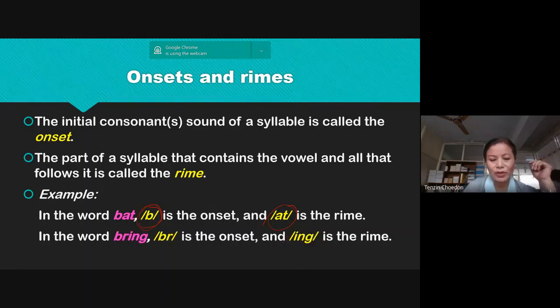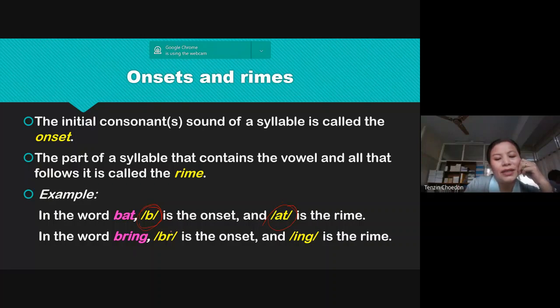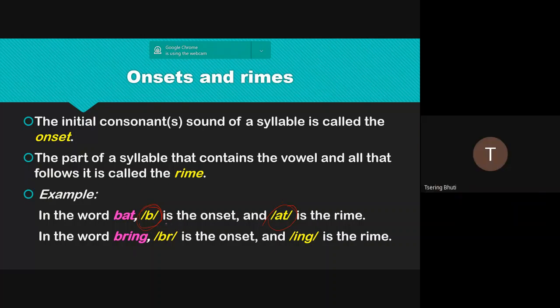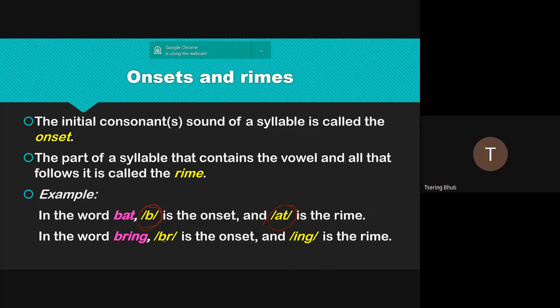Okay, let's look at one more: the word bring. What do you find here? Again, this is a sound, not a single phoneme, but a sound produced by a consonant blend.